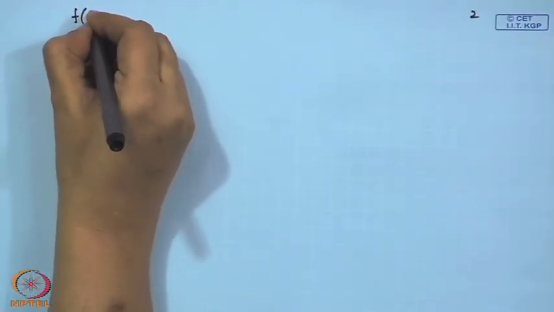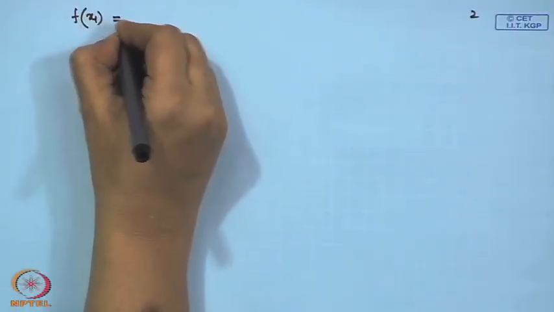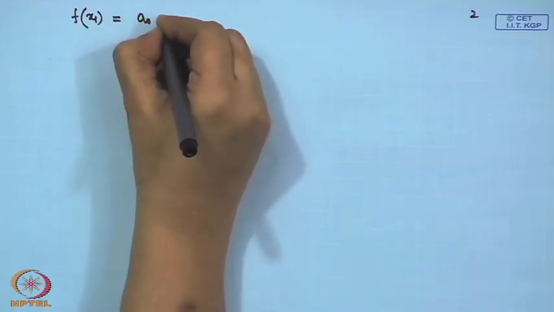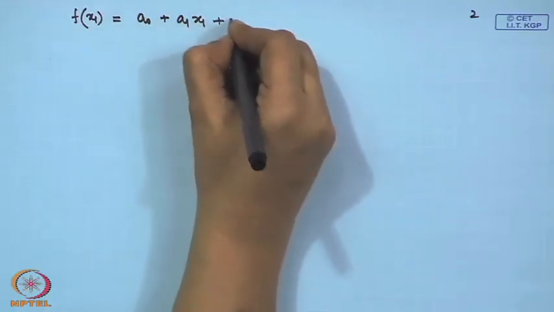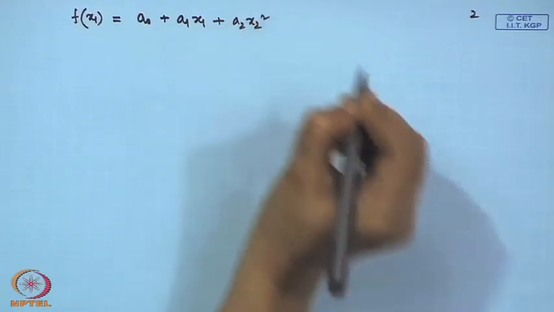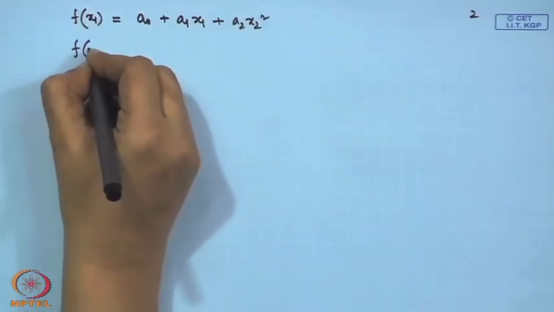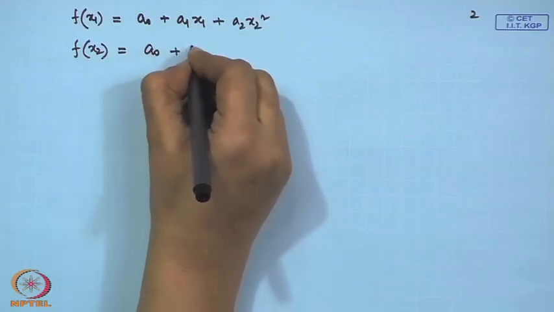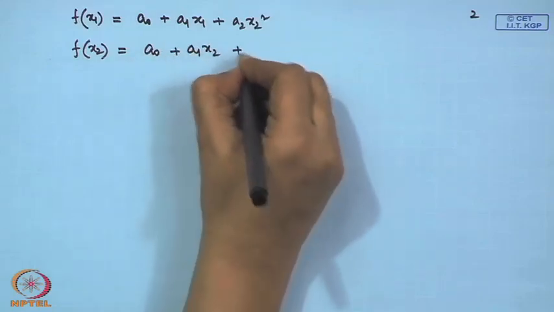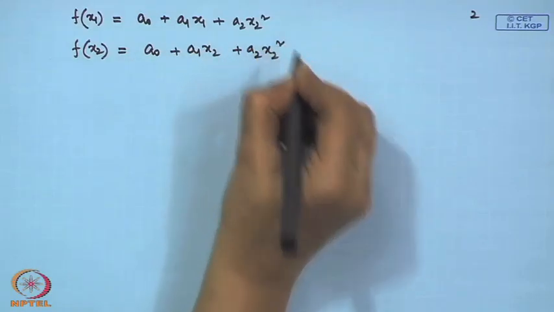As I said, the functional value at these 3 points: f(x1) is equal to p(x1), that means it is equal to A0 plus A1 x1 plus A2 x1 square. There is another point in the given interval AB, that is x2. We have f(x2) equal to A0 plus A1 x2 plus A2 x2 square.